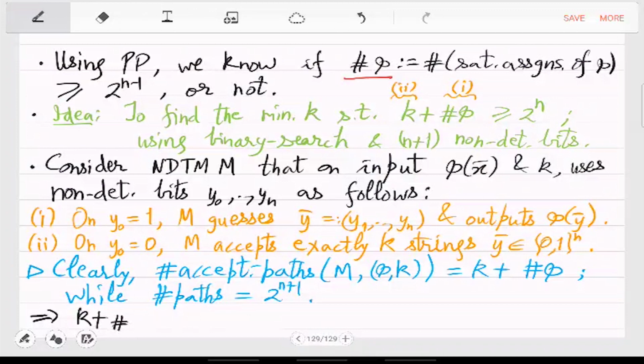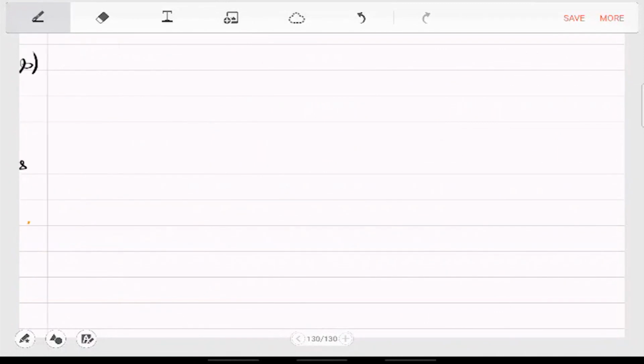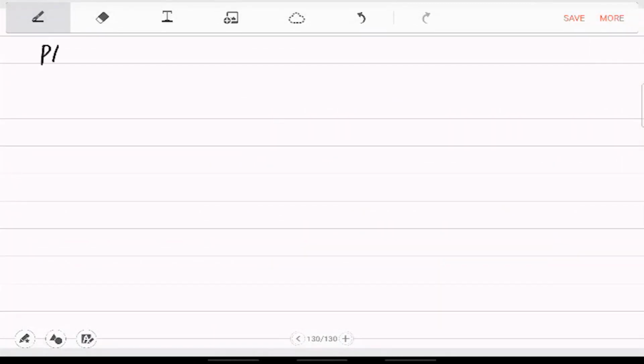So, k plus the number of satisfying assignments greater than or equal to 2 raised to n. This can be learnt by querying the PP oracle on phi, k.